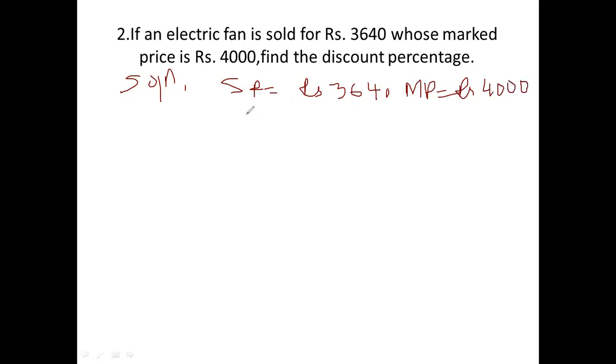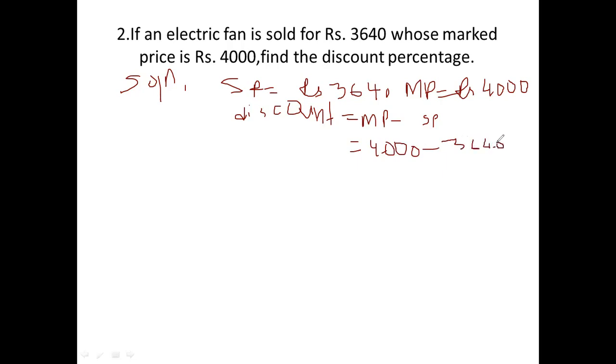And can you find out the discount? Discount equals, what is the formula? Discount equals marked price minus selling price. If you subtract MP and SP, you can find out the discount. 4,000 minus 3,640.